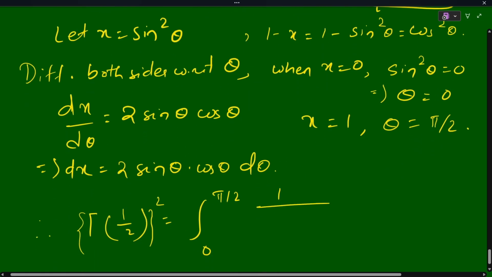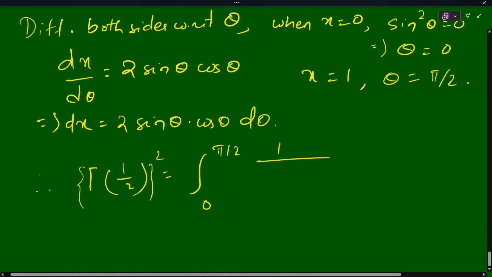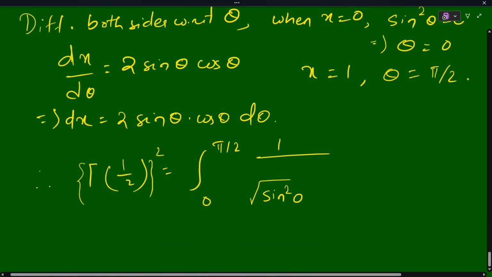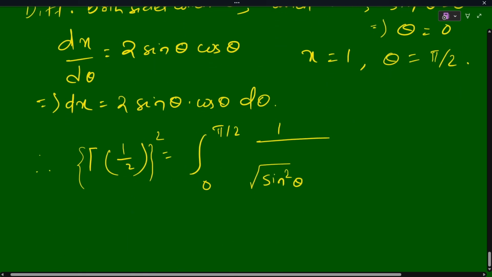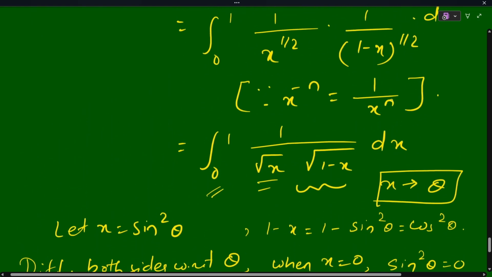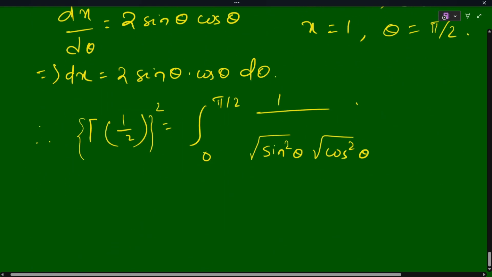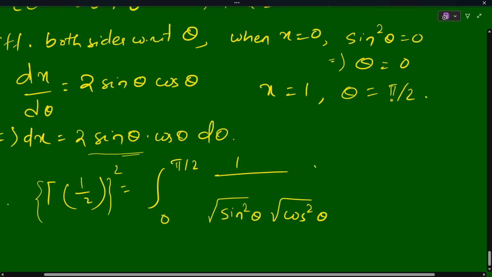So x is sine square theta, then root x would be root of sine square theta, then it is root of 1 minus x, so 1 minus x is cos square theta, so this value is root of cos square theta, then into dx. Okay, so what is the value of dx? So dx is this much. Okay, so use this value here. It is 2 sine theta cos theta d theta.